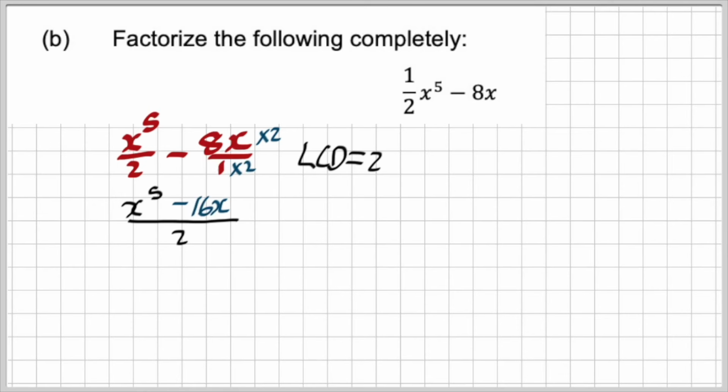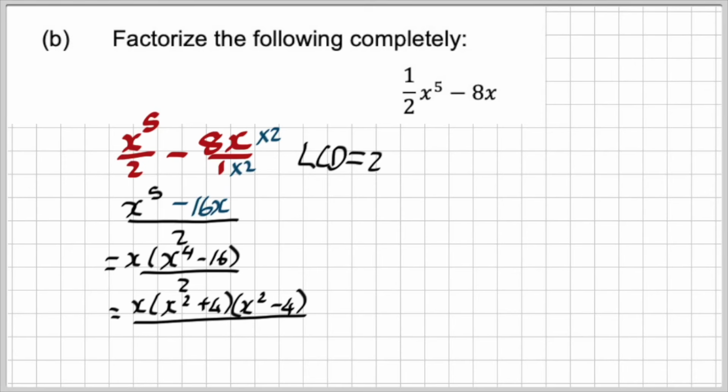Now I need to factorize the numerator. So taking out an x common, now I'm left with a difference of 2 squares in the bracket. That difference of 2 squares is going to give me x squared plus 4 and x squared minus 4. Remember, you're not done.